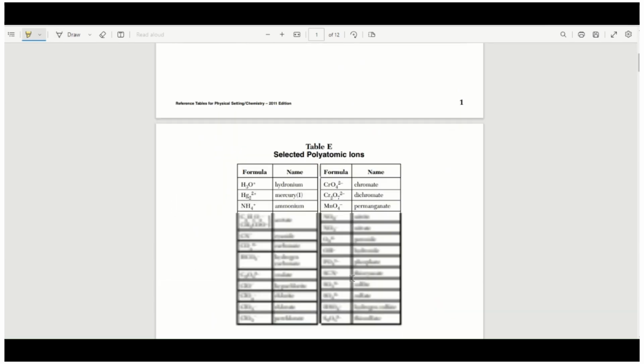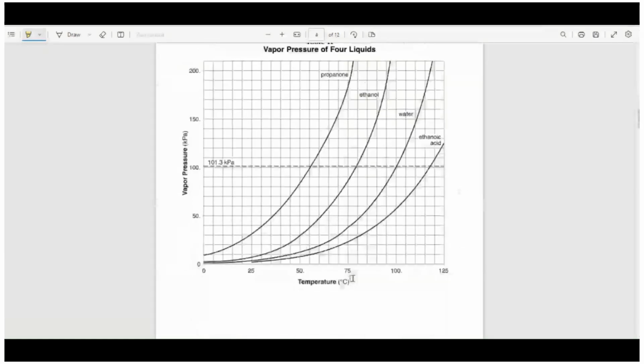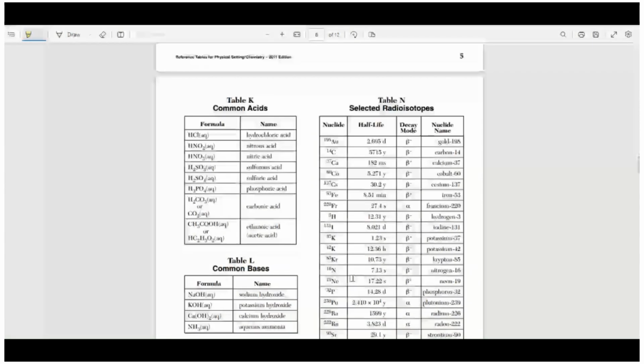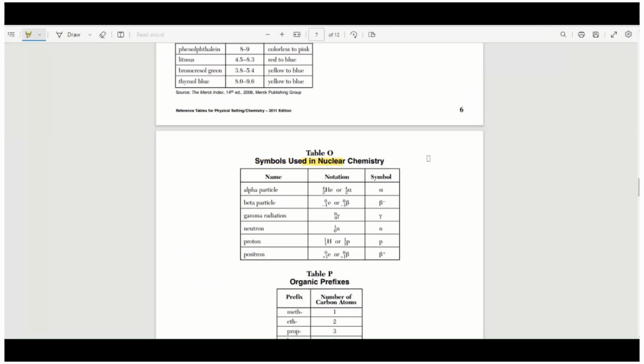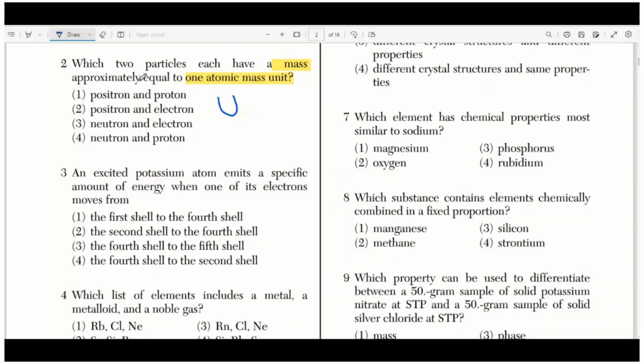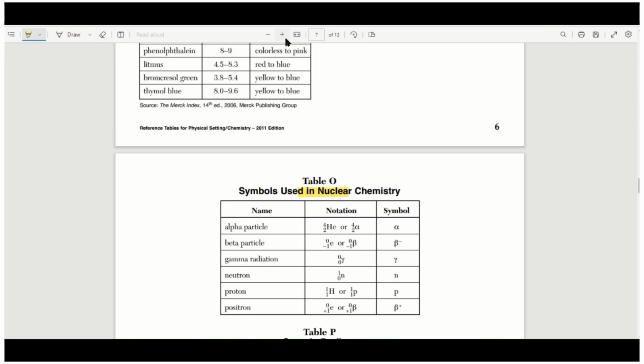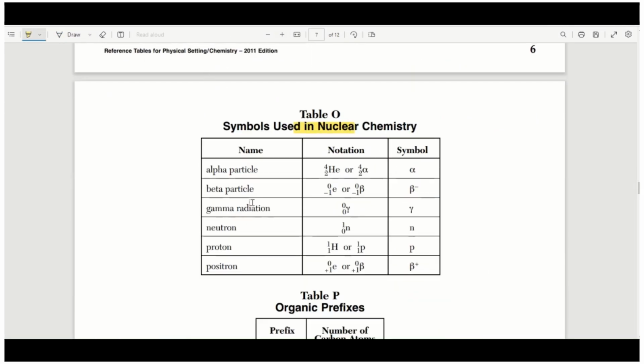I'm looking for another table, which is Table O, and I need a mass of approximately 1. Let's zoom in a little on this table. What you need to remember is that the top number is mass and the bottom number is charge or atomic number. If it is the atomic number, it is the charge of the nucleus.